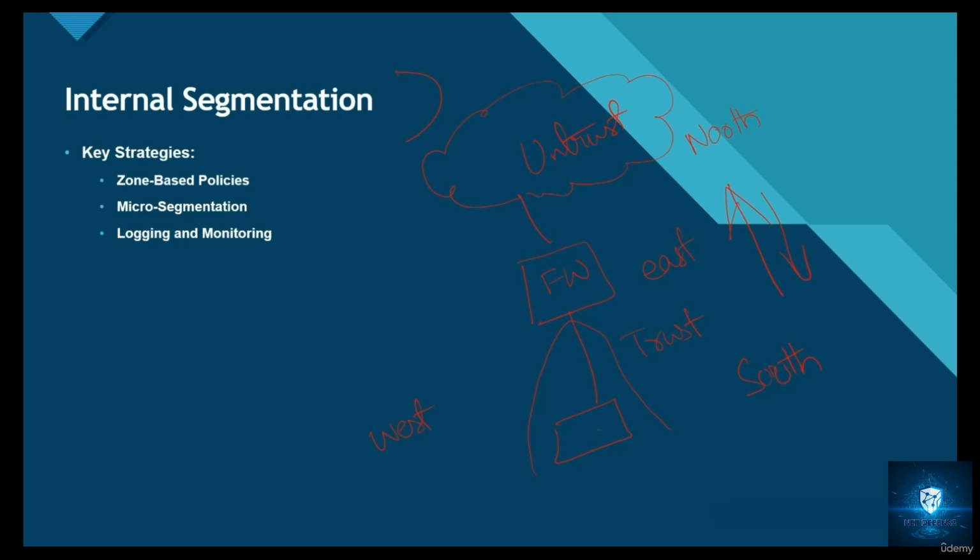Now if you talk about the zone based policies, when you deploy firewalls between different internal segments or zones like finance, HR, and IT, enforcing strict rules for communication between those zones is one of the key strategies. Now after that is the micro segmentation.